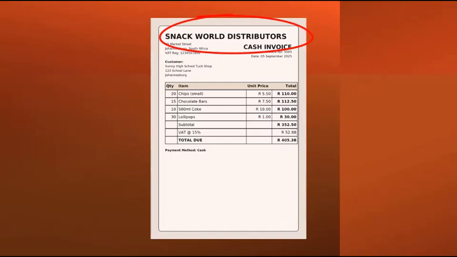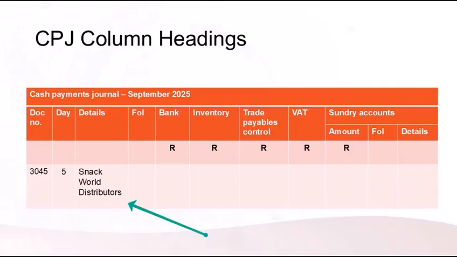We will therefore record their name in our details column. So let's quickly go do that. So in our details column, we write down the name of our supplier, Snack World Distributors. For now, we will leave our folio column blank, just like what we did with our cash receipts journal.